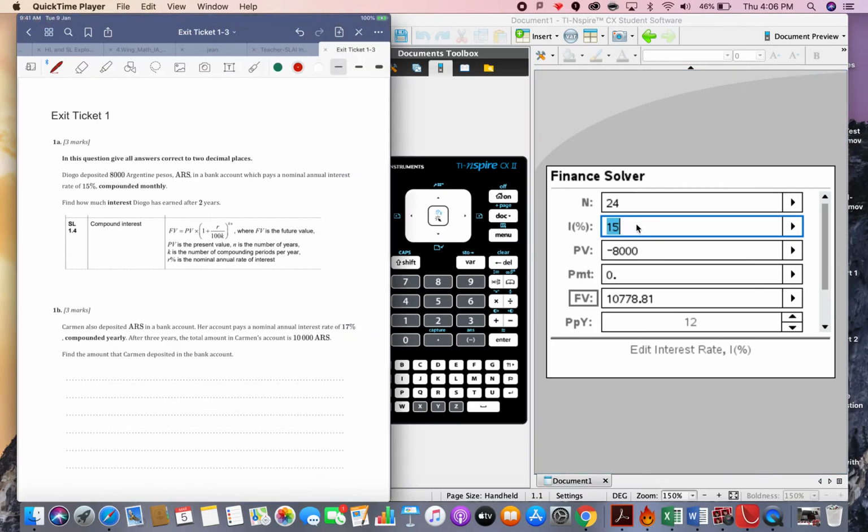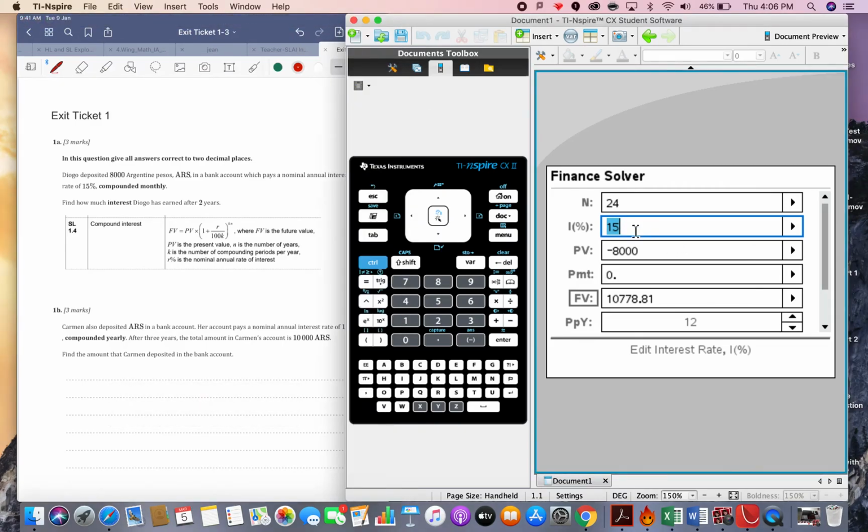I believe, yep. So let's change that to 17%. 3 years, and it's compounded yearly, so the number of payments is just 3. The final value here, the total amount is 10,000, so we change the final amount to 10,000 here.